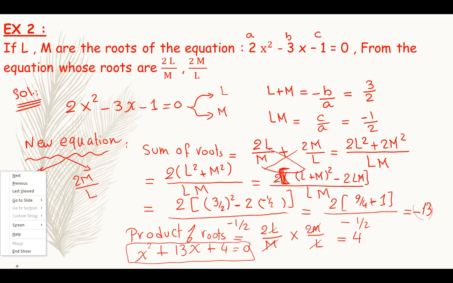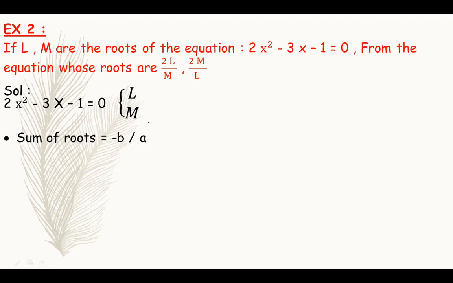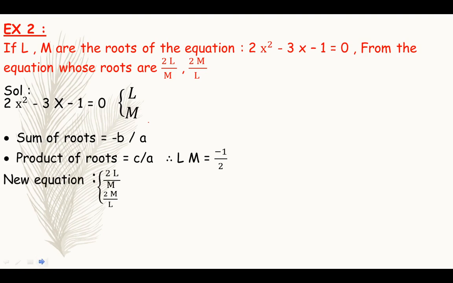Okay, let's solve it again by using the PowerPoint. Solution. The old equation has two roots, L and M. The sum of roots, negative b over a, is equal to 3 over 2. And the product of the roots, LM, equals negative half.